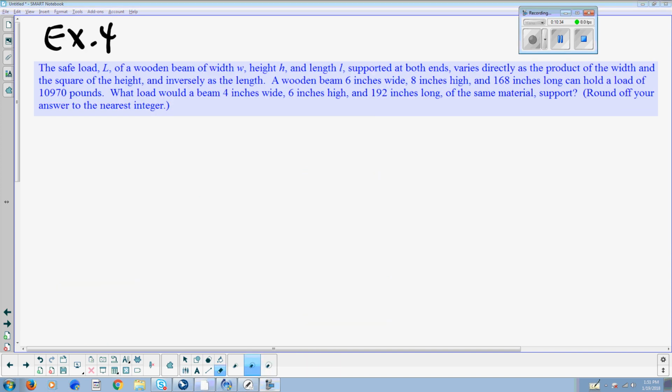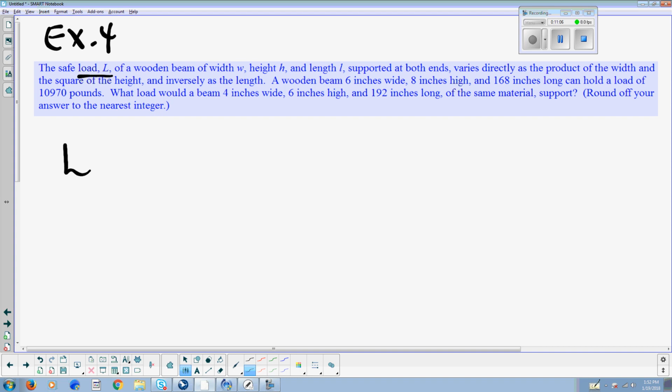Okay, example 4 says the safe load L of a wooden beam of width W, height H, and length L, supported at both ends, varies directly as the product of the width and the square of the height, and inversely as the length. Stop, that is a lot of information. But we're going to decipher it. First of all, it says the load L is what varies.